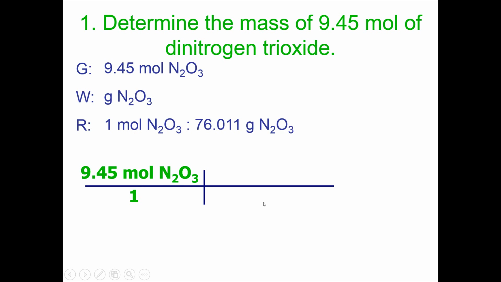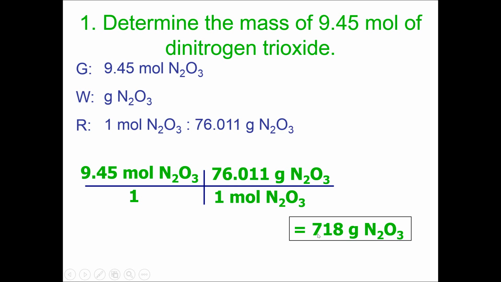Moles need to cancel out with moles, so let's take this portion of the ratio and put it diagonal from the given. I'll take this part of the ratio and put it on top, and multiply across and round your answer to 3 significant figures, and we get 718 grams of N2O3.